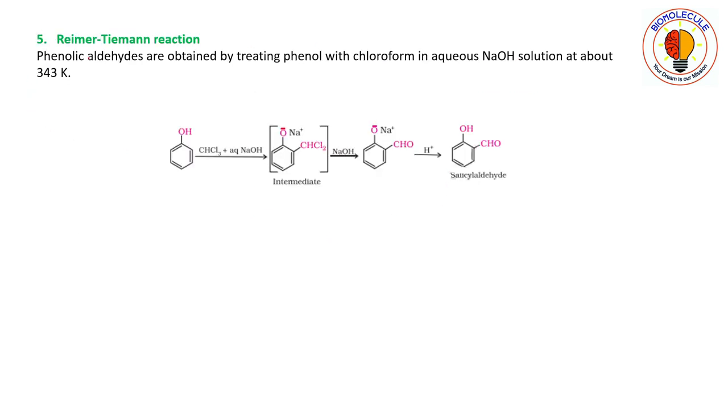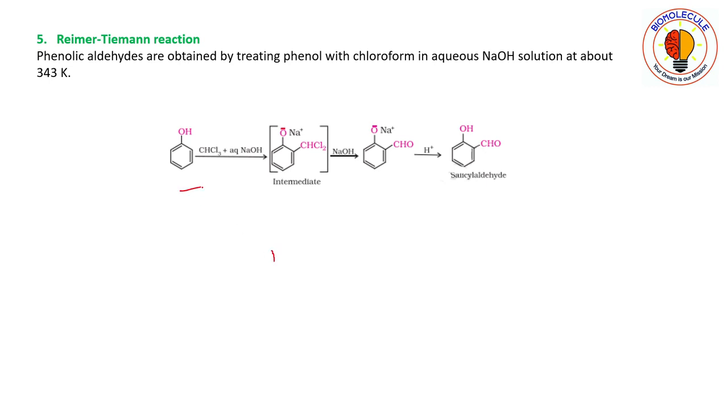Then the Reimer-Tiemann reaction. So the Reimer-Tiemann reaction involves phenolic aldehydes. You can achieve phenolic aldehydes here. Phenolic aldehydes are obtained by treating phenol with chloroform in aqueous sodium hydroxide solution at about 343 Kelvin.